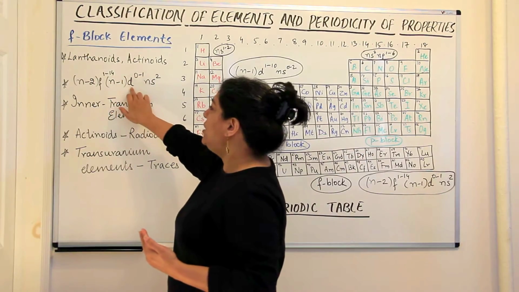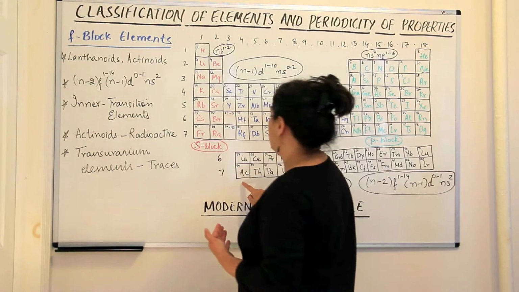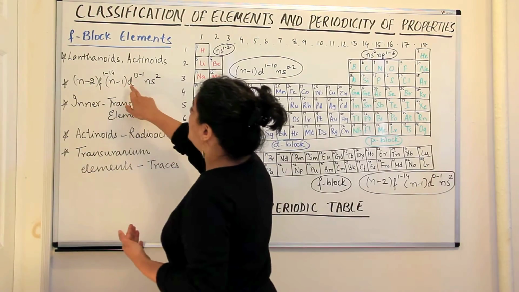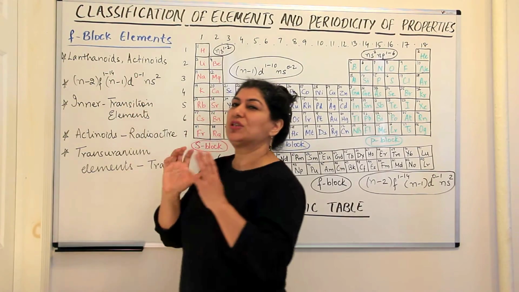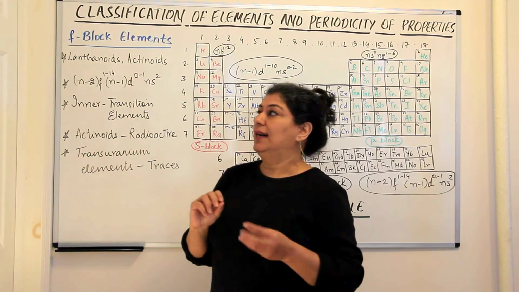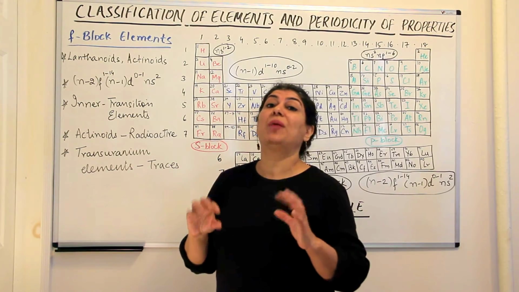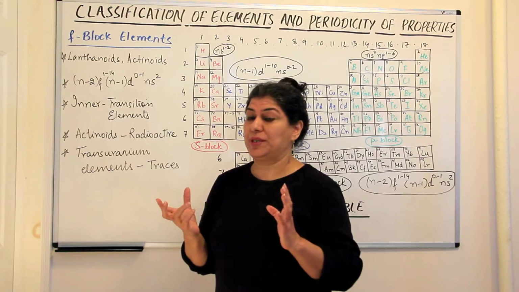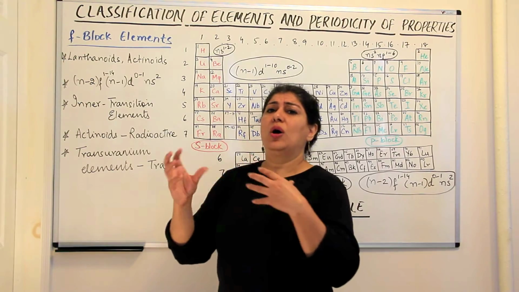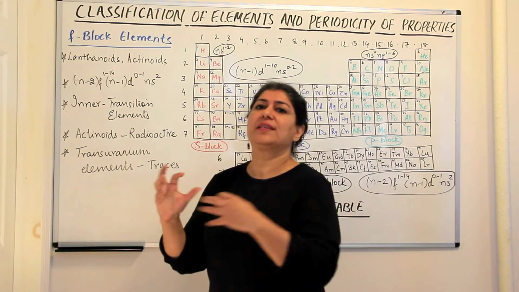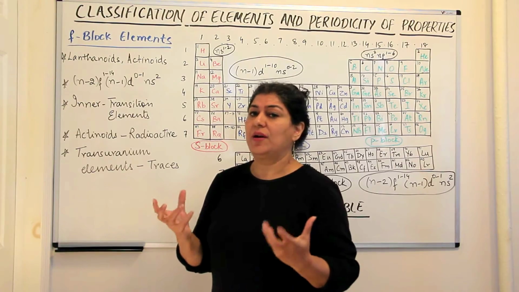And in the d orbital, like in lanthanum and actinium, sometimes for the sake of stability, the electrons may jump up to the d orbital, where half-filled and completely filled shells are more stable.